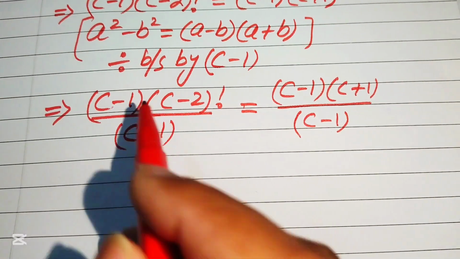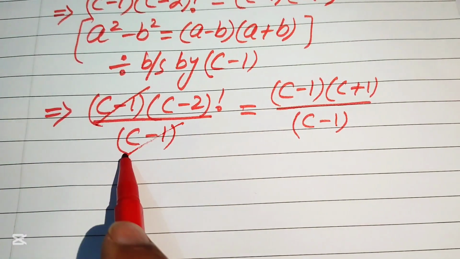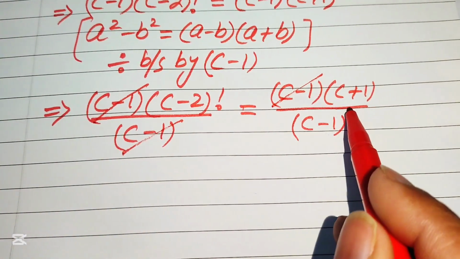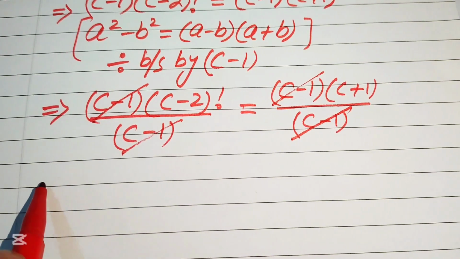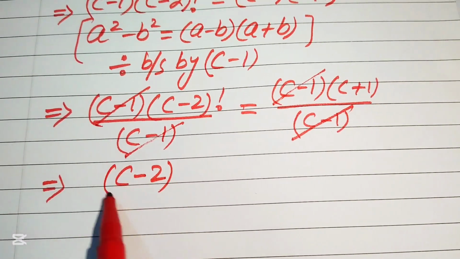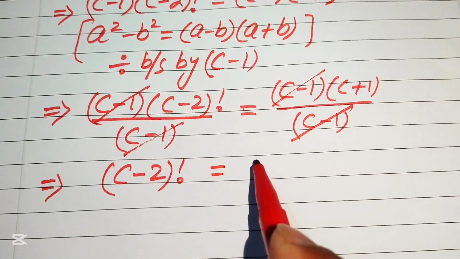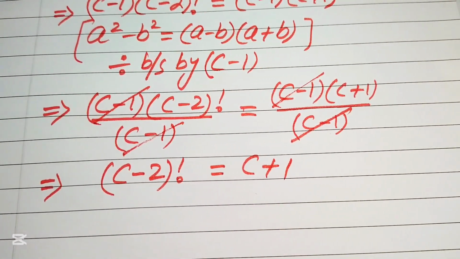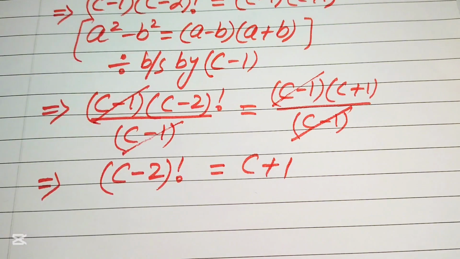Further, this c minus 1 is cancelled out by this c minus 1, and the remaining terms are c minus 2 factorial equals c plus 1.